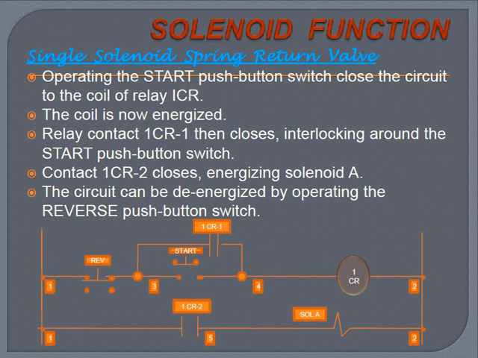The relay contact CR1 then closes, interlocking around the start push button switch, and the contact of the relay CR2 closes and energizes the solenoid, shown with the solenoid symbol in figure A. The circuit can be de-energized by operating the reverse push button switch.